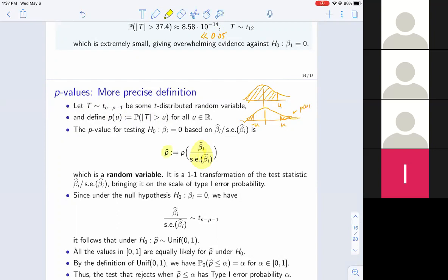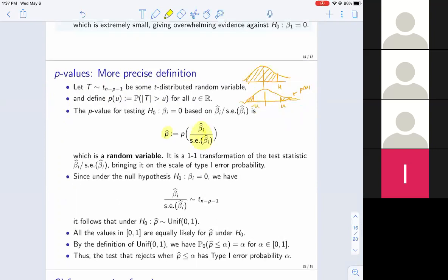This new random variable is called the p-value. It's a one-to-one transformation of the test statistic, and I can recover the test statistic by inverting this map, so I'm not losing information. The advantage is that it brings it onto the scale of the type 1 error probability.